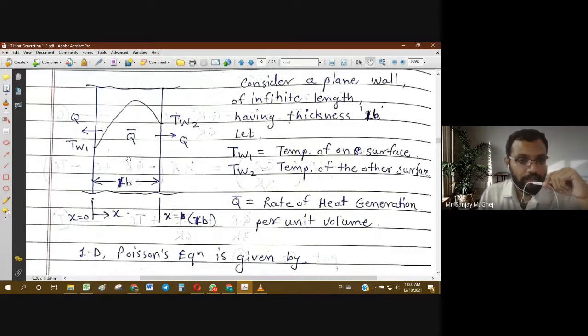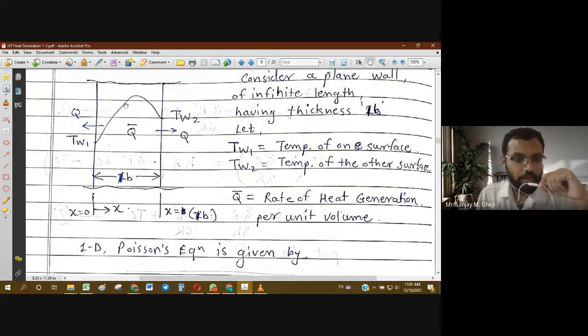But here, the position of maximum temperature will be different because of unequal distribution of heat on both sides and unequal temperatures on both sides. So in this case we don't know where the position of maximum temperature will be. It may be closer to this face, or it may be closer to that face.